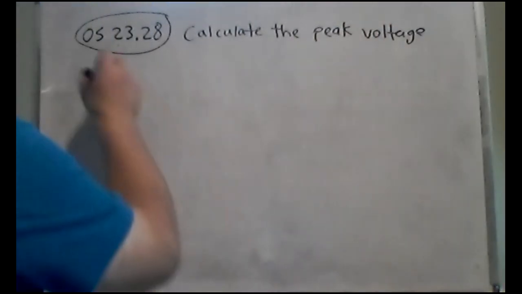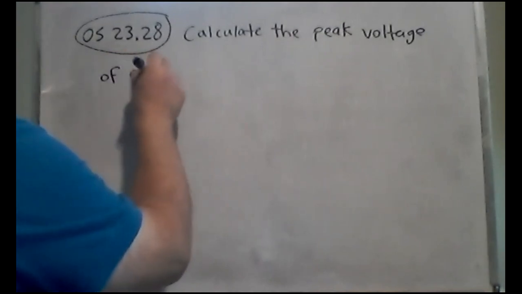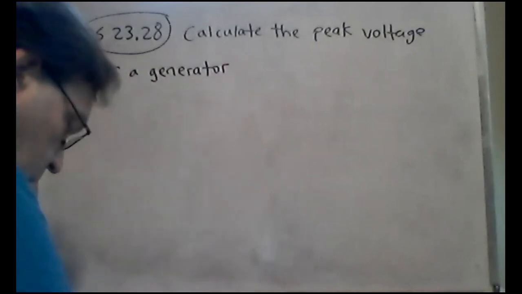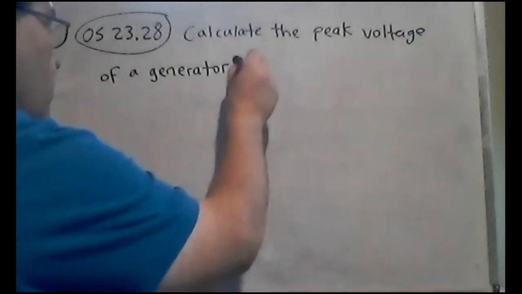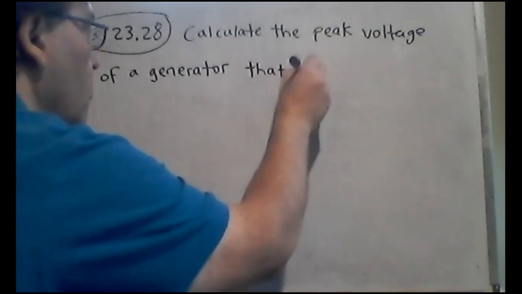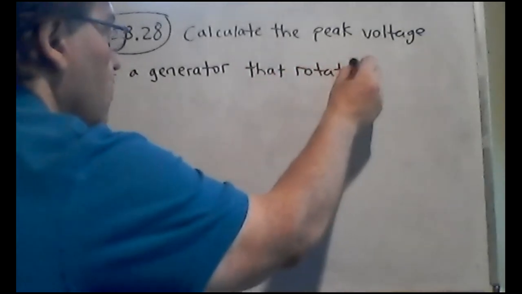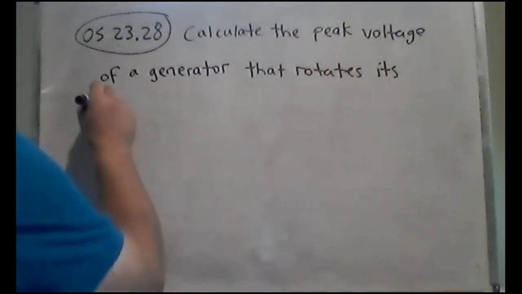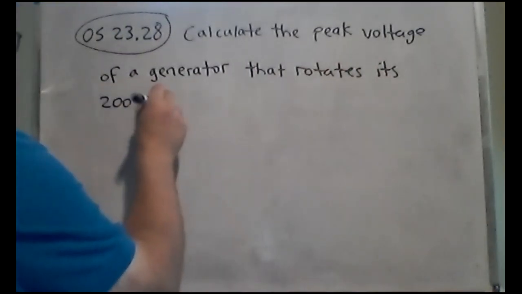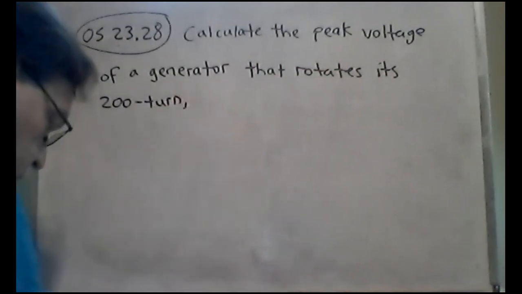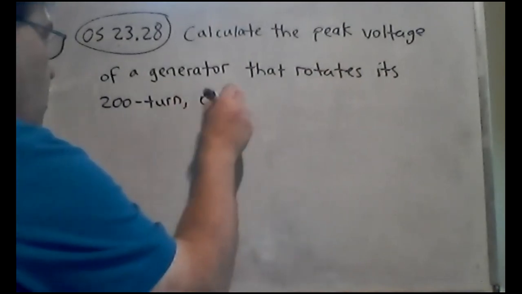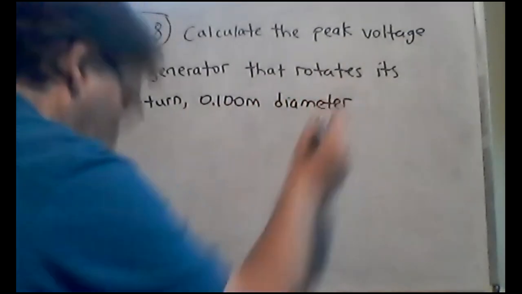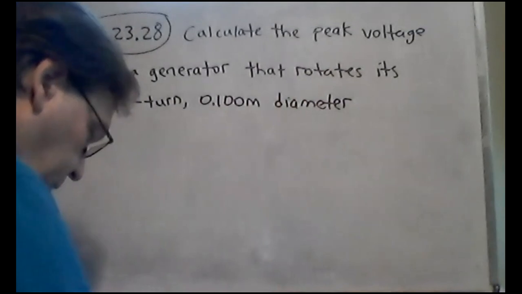Of a generator that rotates its 200 turn, 0.100 meter diameter coil at 3,600 RPM.